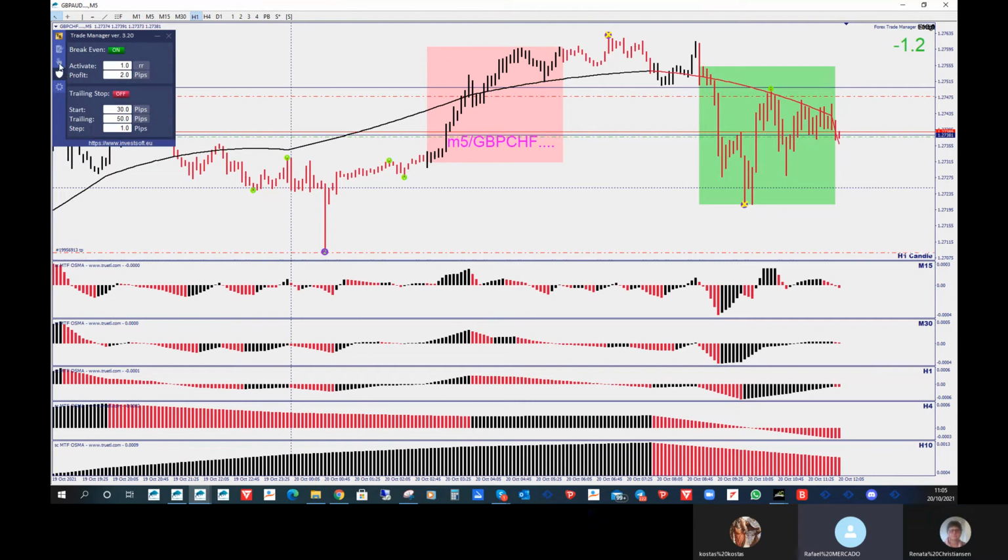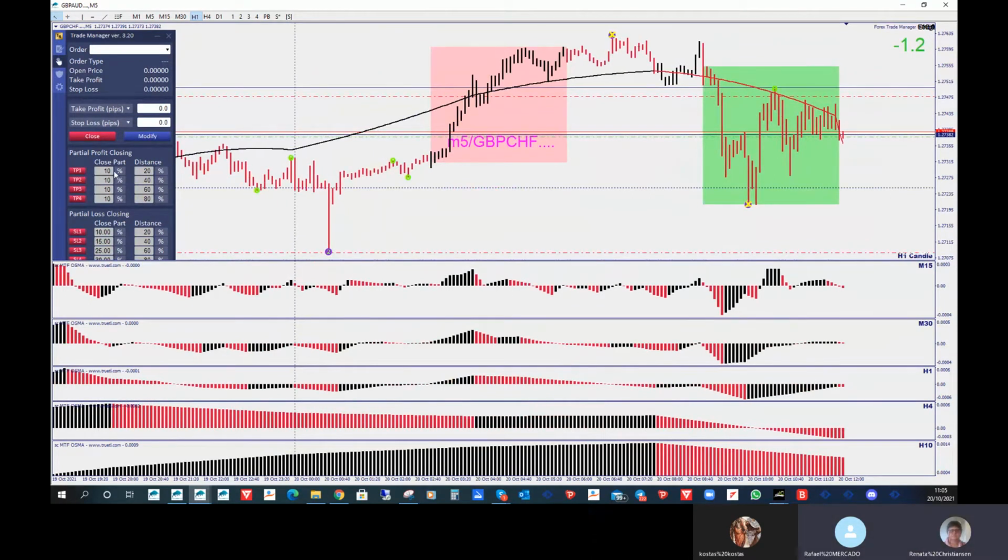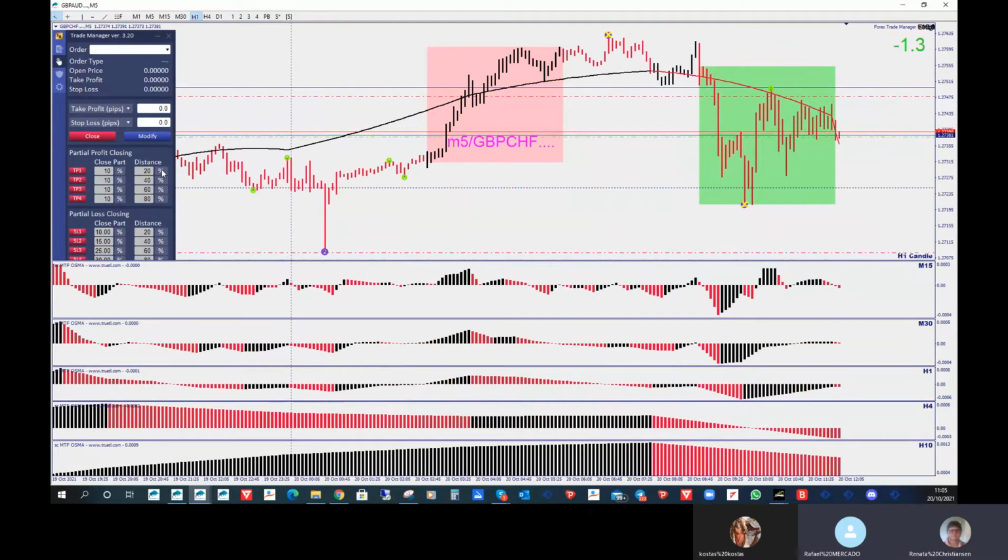Then you can set take profit one and take profit two, and set the close by lot or by percent of your position size, and also the distance ratio, let's say 2 to 1, or pips or percent of win. And also if it goes against you, you can make a partial close.